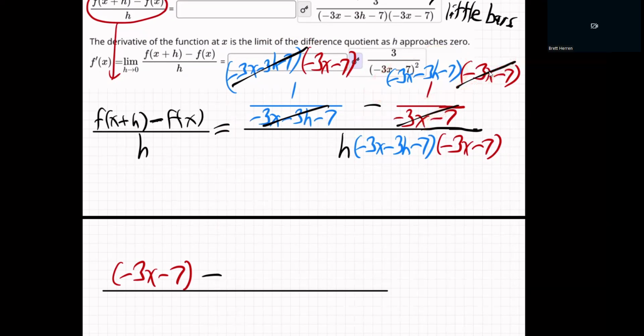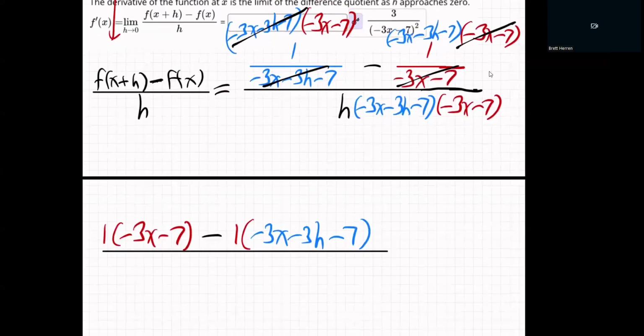It is, in fact, minus 1, and you can put a 1 in front of this one also, times the minus 3x minus 3h minus 7. And what do we have on the bottom? Everything. It just stays that way on the bottom. Minus 3x minus 3h minus 7 and minus 3x minus 7.